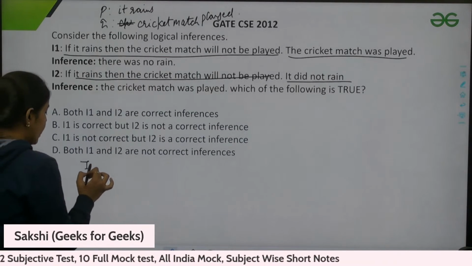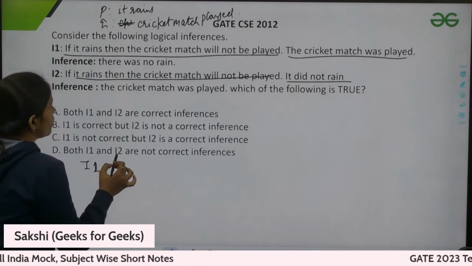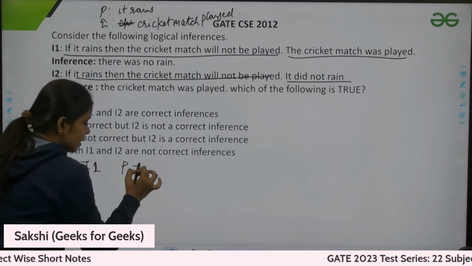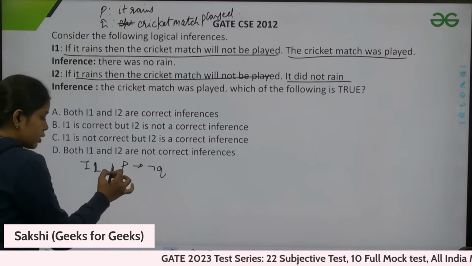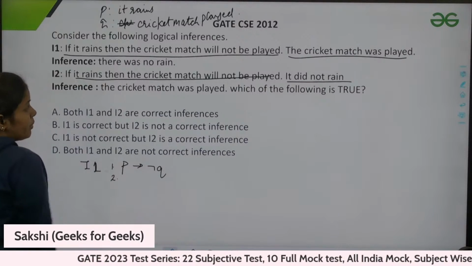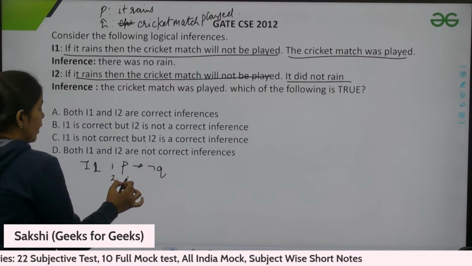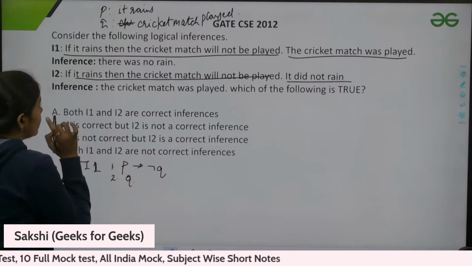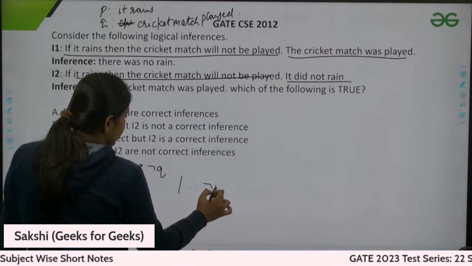I1: if it rains, then the cricket match will not be played. This is my first premise. The second premise is the cricket match was played, that means we have Q. They have concluded that there was no rain, that means negation of P.